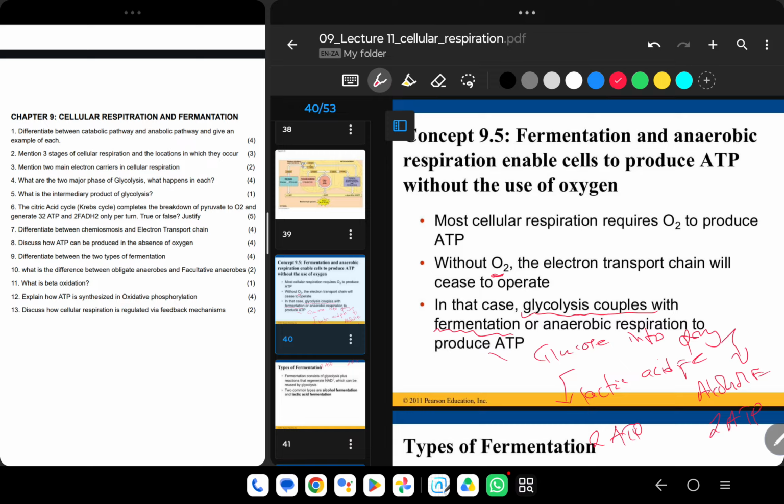So now, differentiate. Another question comes and says, number 9, differentiate between two types of fermentation. Like I said, we have alcohol fermentation and lactic acid fermentation. Of course, you cannot be asked question 8 and question 9 in the exam. They're either going to ask you about question 8 or question 9. They can't both be there because they require almost the same answer.